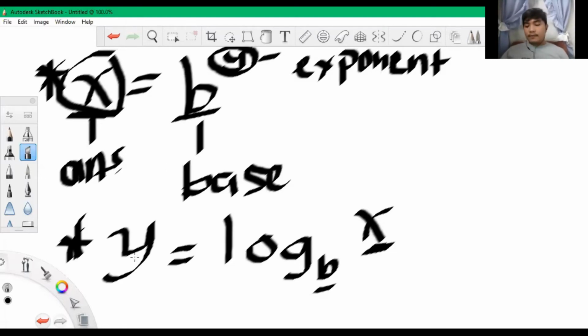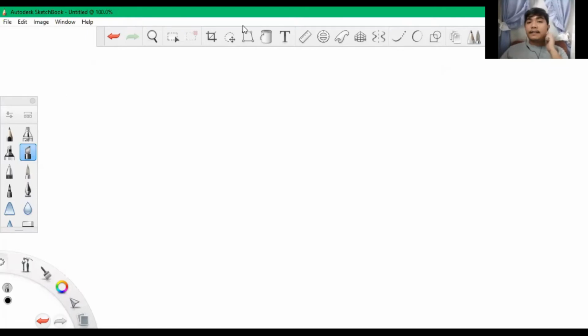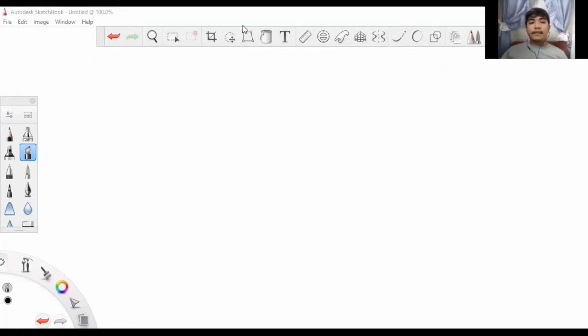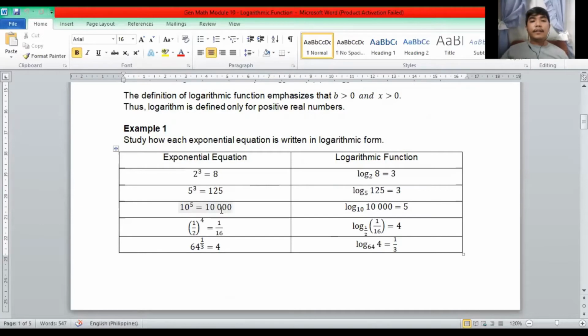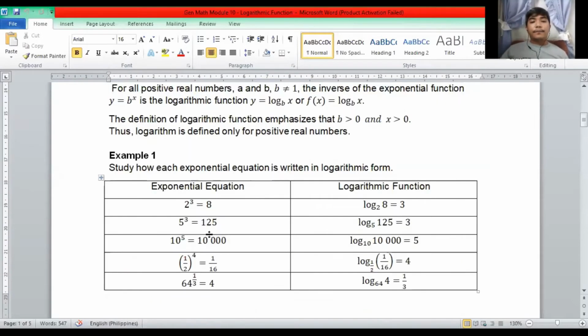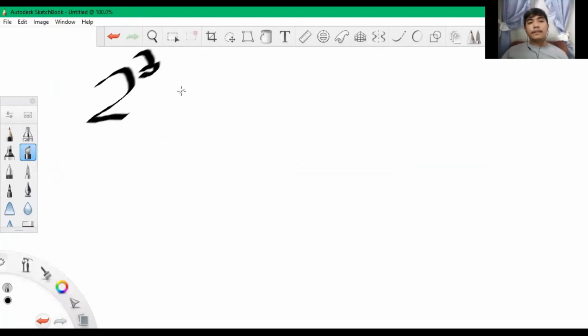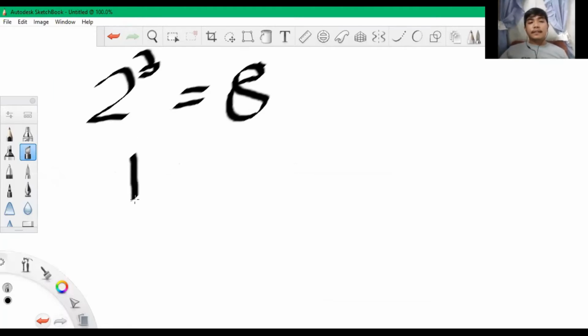So, para mas maintindihan nyo po siya, let's have an example. Example number 1, wherein we have 2 cubed is equal to 8. When we convert this into a logarithmic form, we will write first the logarithm symbol, which is log, and get the answer.